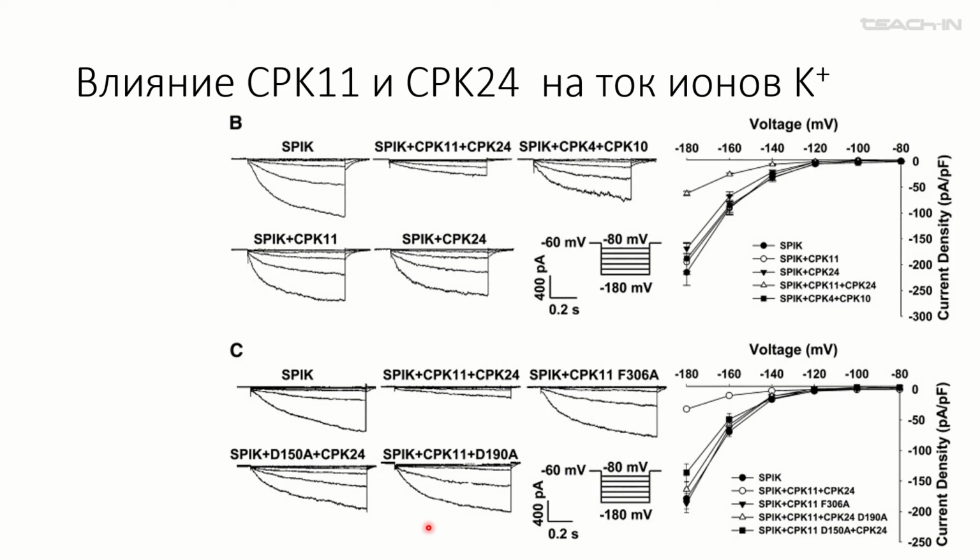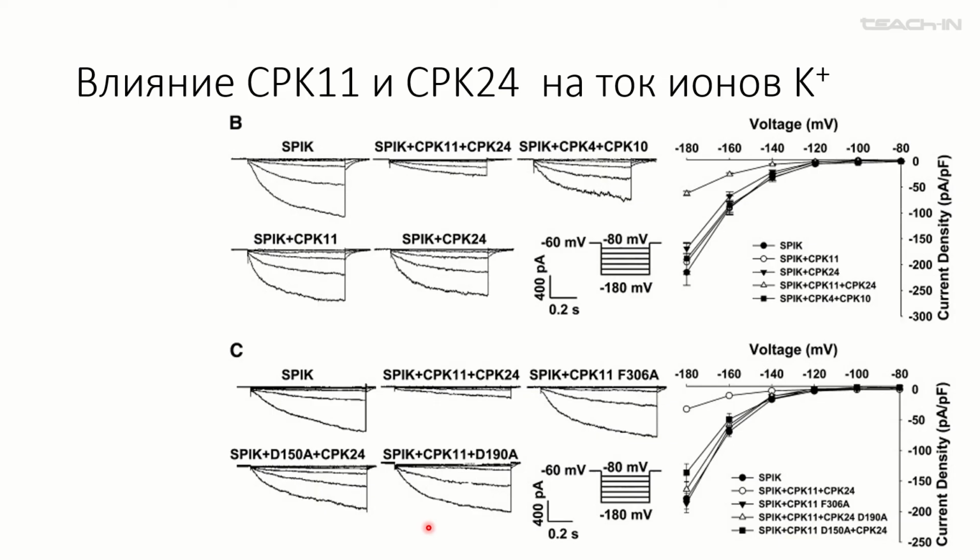Если брать исходный канал и киназы, происходит наибольшее ингибирование. А смена участков фосфорилирования, их разрушение, приводит к тому, что эта регуляция не работает.